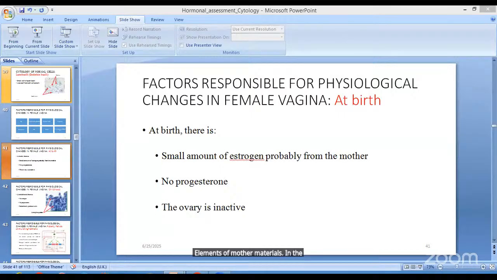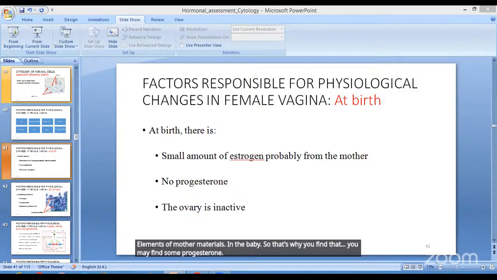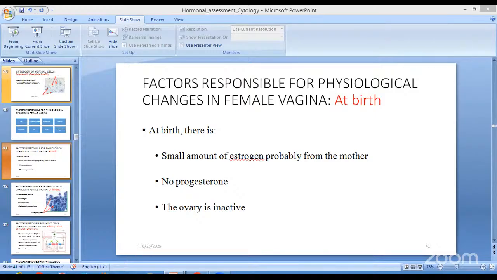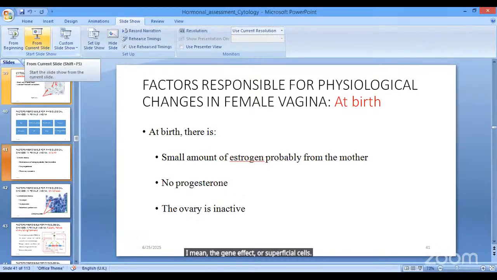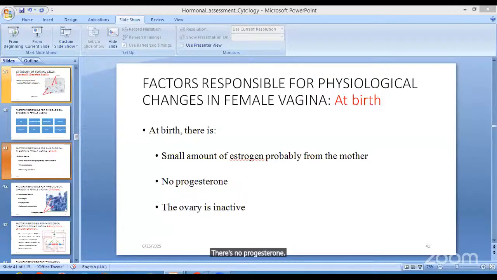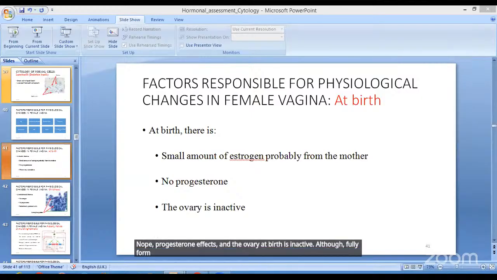So that's why you may find some estrogen effect, or superficial cells, in the smear when taken. There's no progesterone, because estrogen is not secreted, it's just transferred from the mother. No progesterone effect, and the ovary at birth is inactive, although fully formed embryologically.